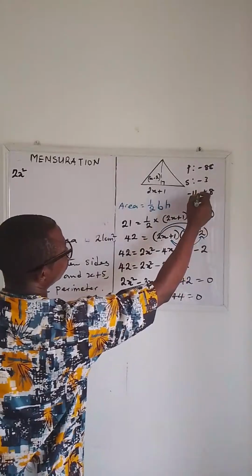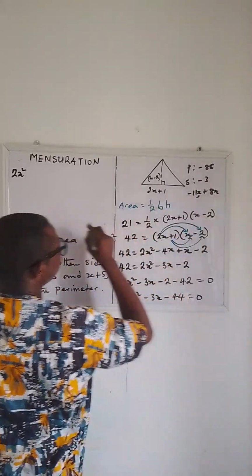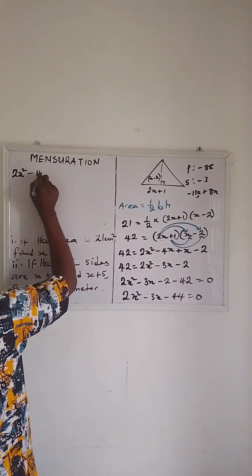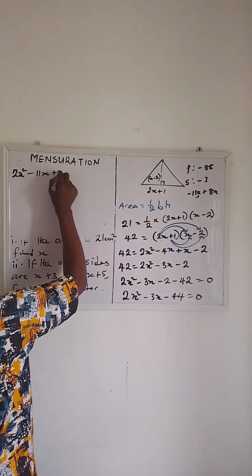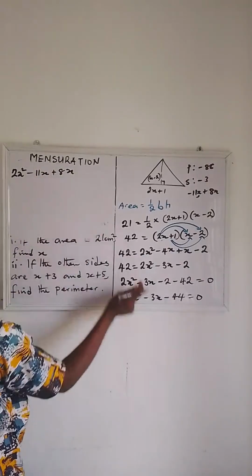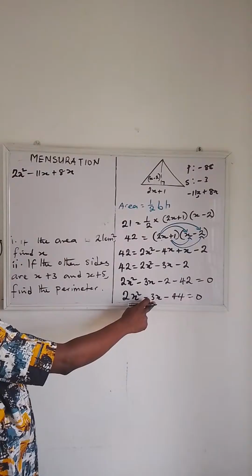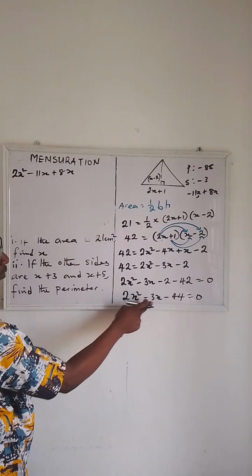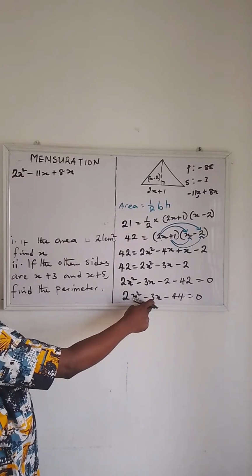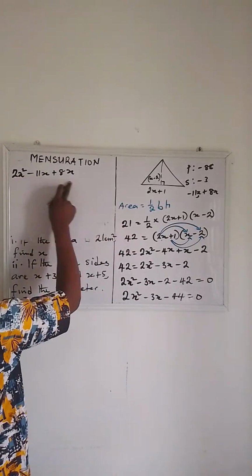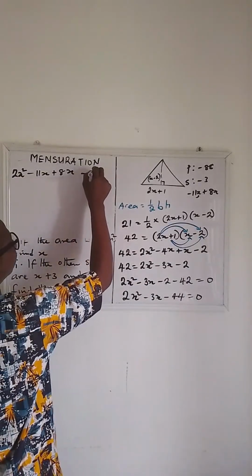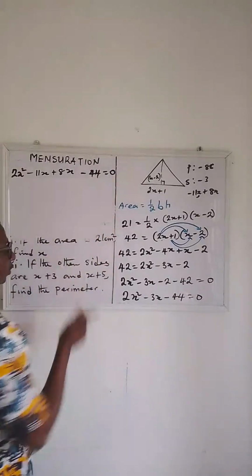So we have negative 11x plus 8x, and that has replaced our negative 3x. So that means we are writing negative 3x in another form, which is what we have here, minus 44 equals 0.